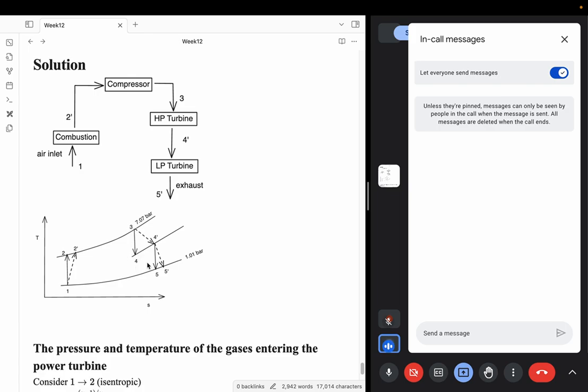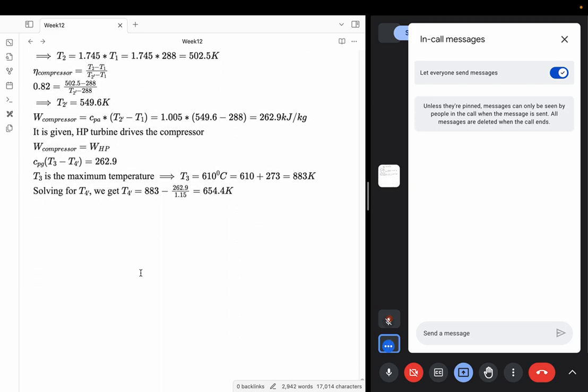But for that I need to calculate T4 first. If I know T4, then I can use the isentropic relation. So how do I calculate T4? Again, we use the relation for the efficiency of the turbine. We have the efficiency of the high pressure turbine: in the actual process, T3 minus T4 prime, divided by the isentropic process, T3 minus T4.